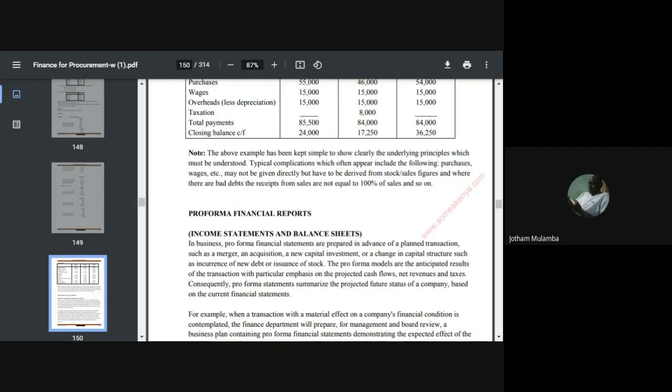I'll request any willing person or volunteer to read the question for us, then I'll give the interpretation. The following information was extracted from the books of Malimingi Limited, a company which started trading 1 year ago.